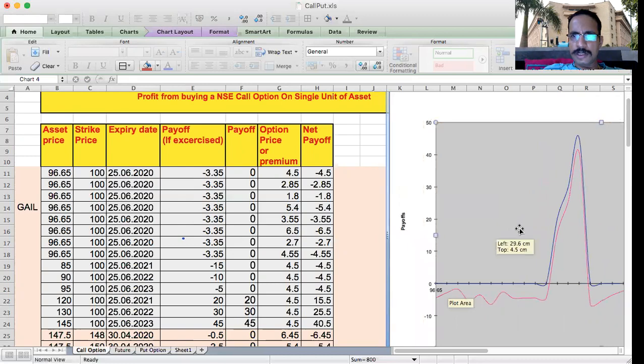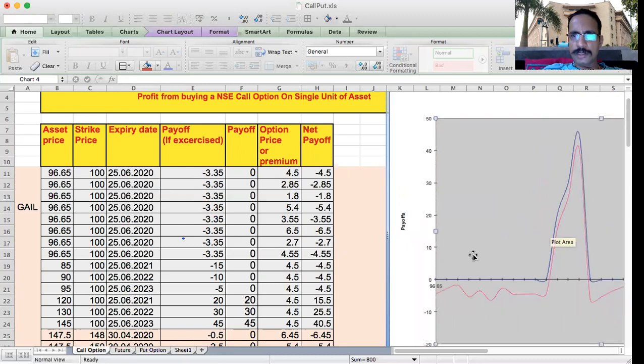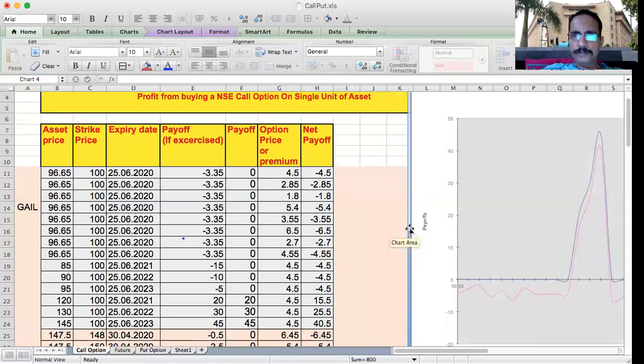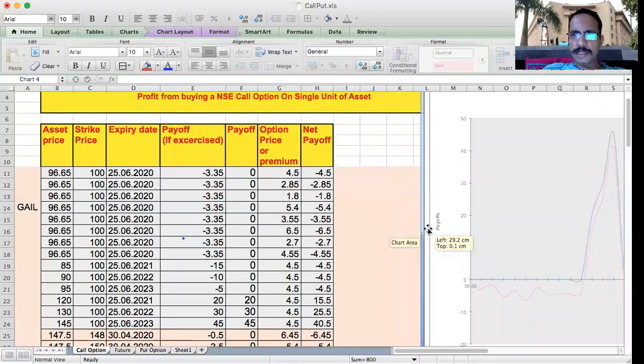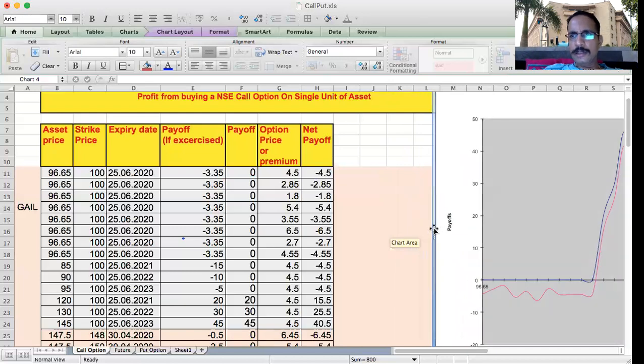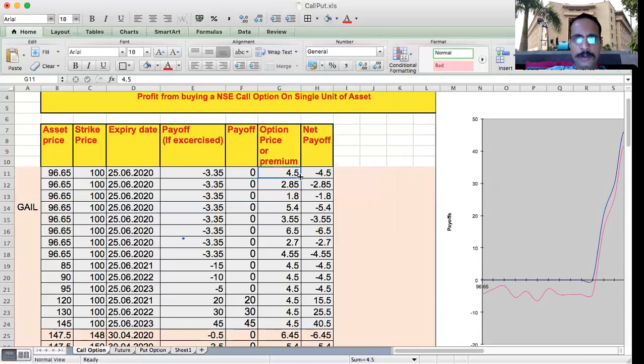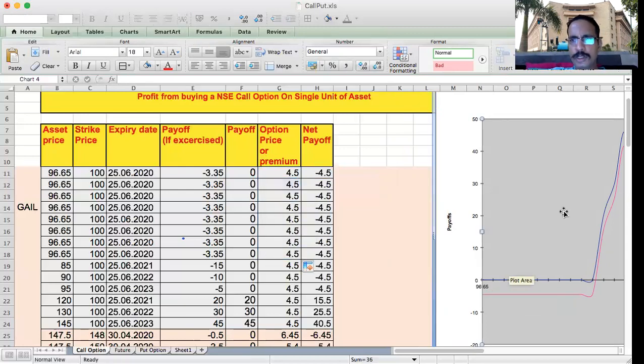Let me share only that part of the screen if it is possible. Let me further take it right here. So this is a typical graph of a stock.